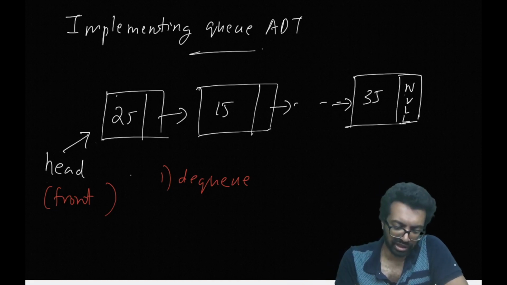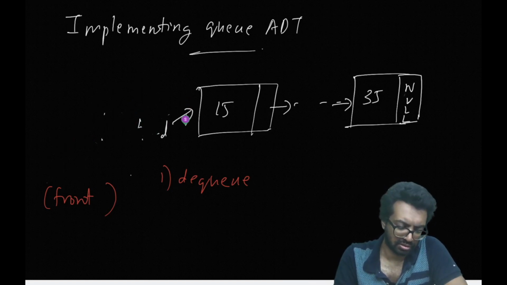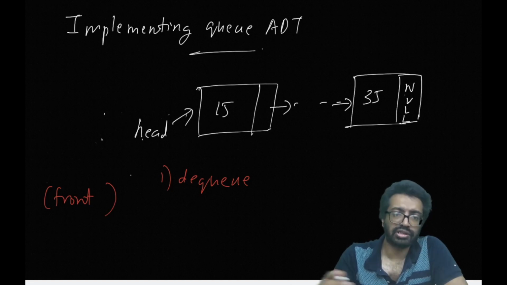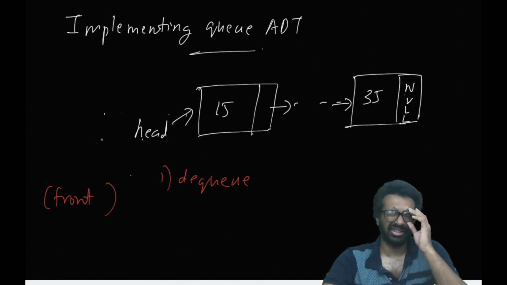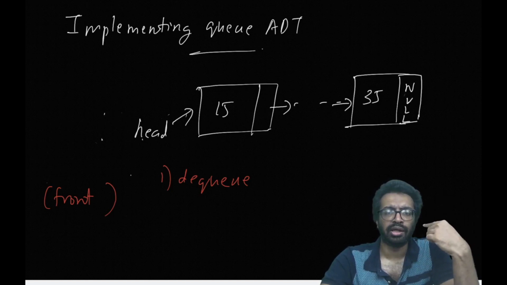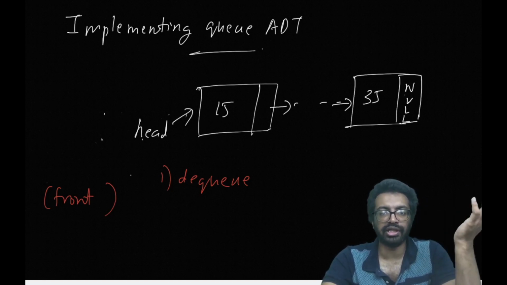We just remove the head node 25 and the head now points to the second node, which had the number 15. That's easy to do. And to implement this, you had to traverse through only one node to implement the DQ function.